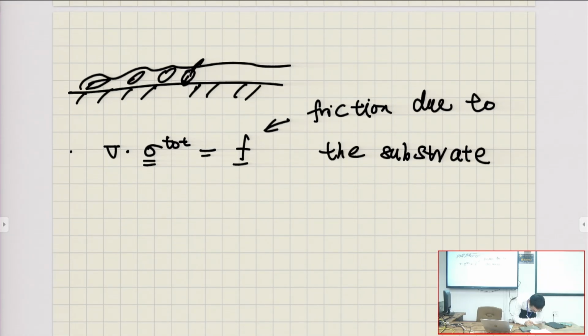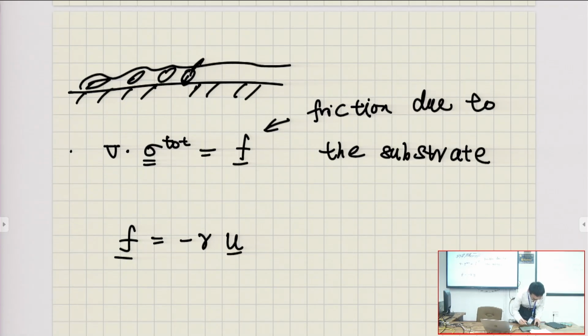And as a model for a flow without inertia, that will be linearly proportional to your fluid velocity. And here, gamma would be a friction coefficient.